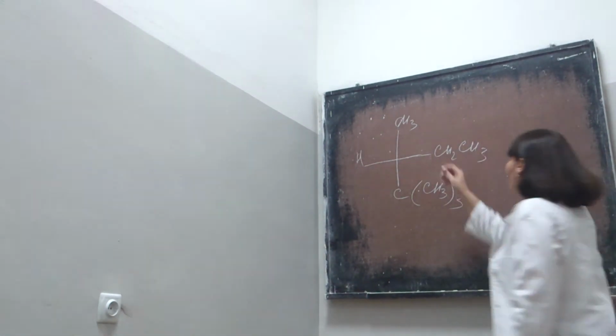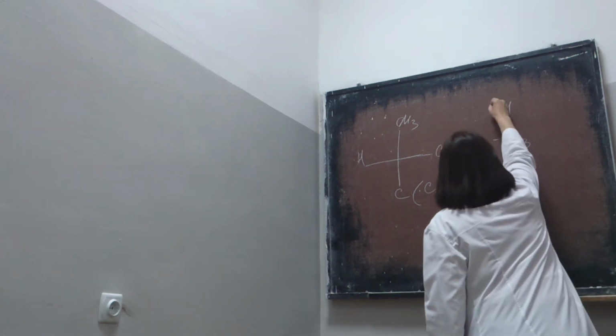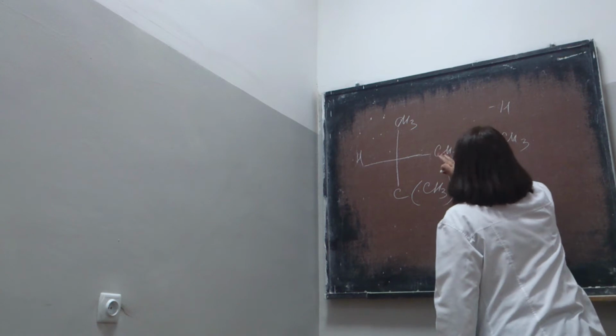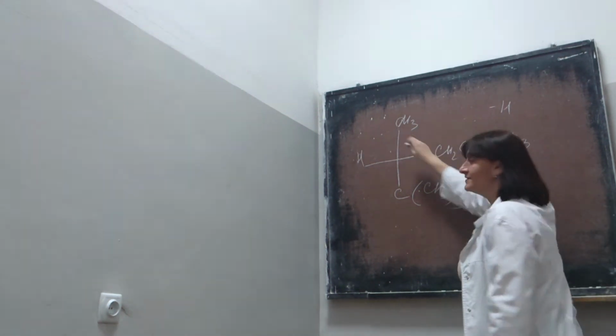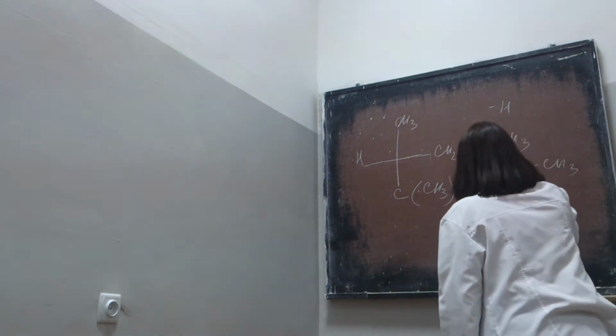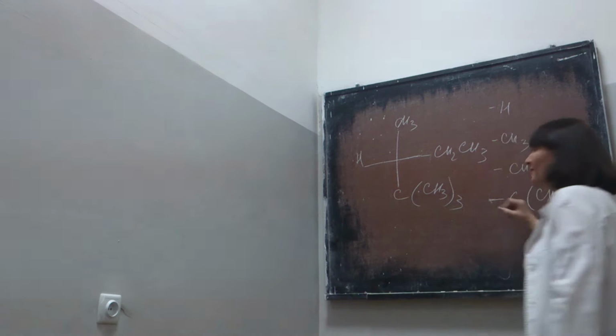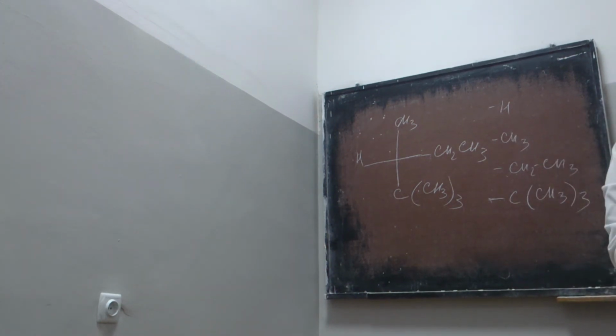Which substituents do we have? All of them are carbon: CH3, CH2, and C with CH3 three times. Do you remember the name of this one? Tertiary butyl.